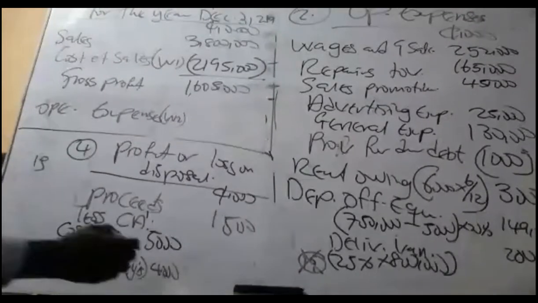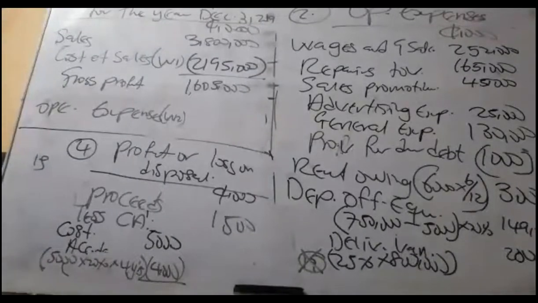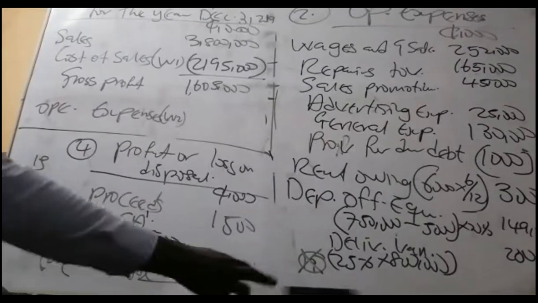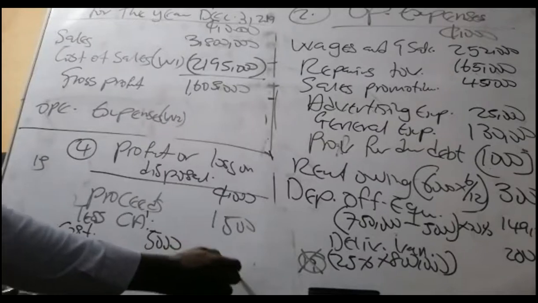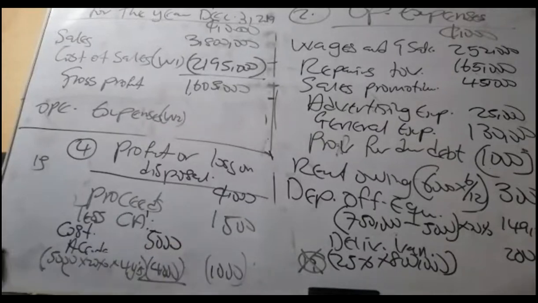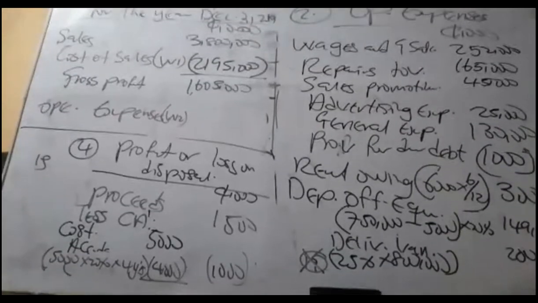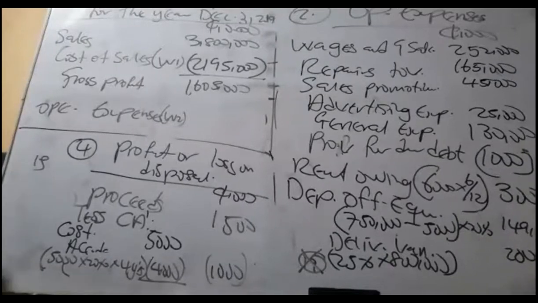Right. Then you subtract it like this. Whatever you get is the carrying amount. So the cost minus accumulated depreciation will give us the carrying amount of 1,000. So did the company record a profit or a loss? So you have an asset.